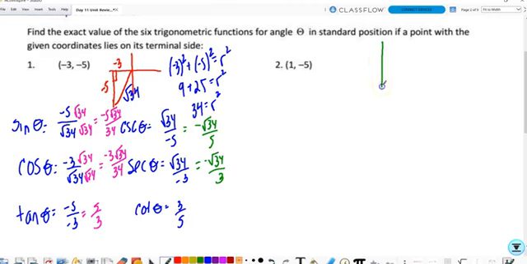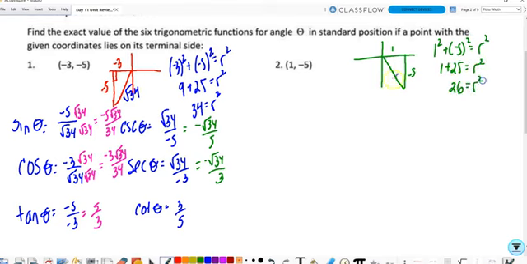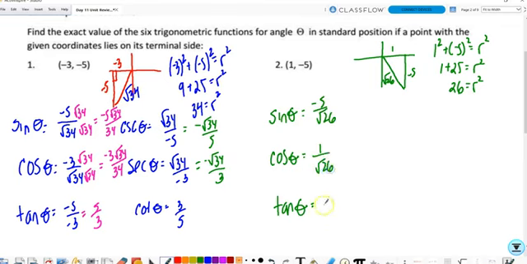All right, repeat that for number 2. Over 1, down 5, x squared plus y squared equals r squared. So the square root of 26. Sine is y over r, cosine x over r, tangent y over x.